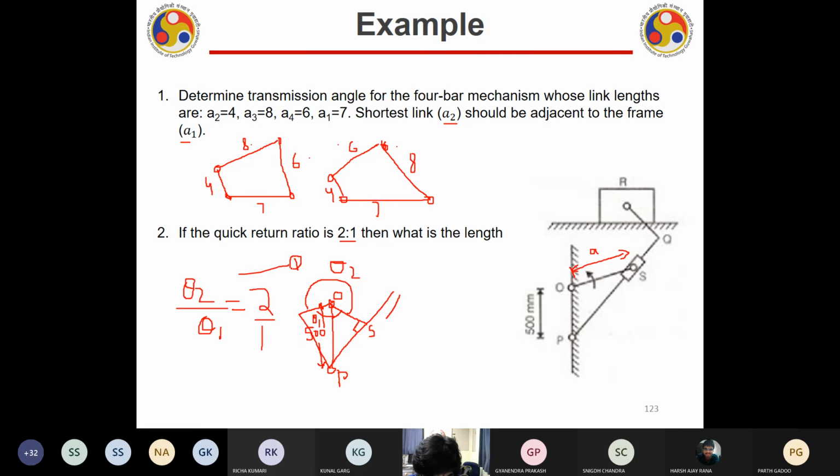Ritu Patil. Yes, sir. What is the other equation between theta1 and theta2? So I got this equation, theta2 by theta1 equals 2. That is fine, it is given to you. Correct? But I need one more equation to find theta1 and theta2.